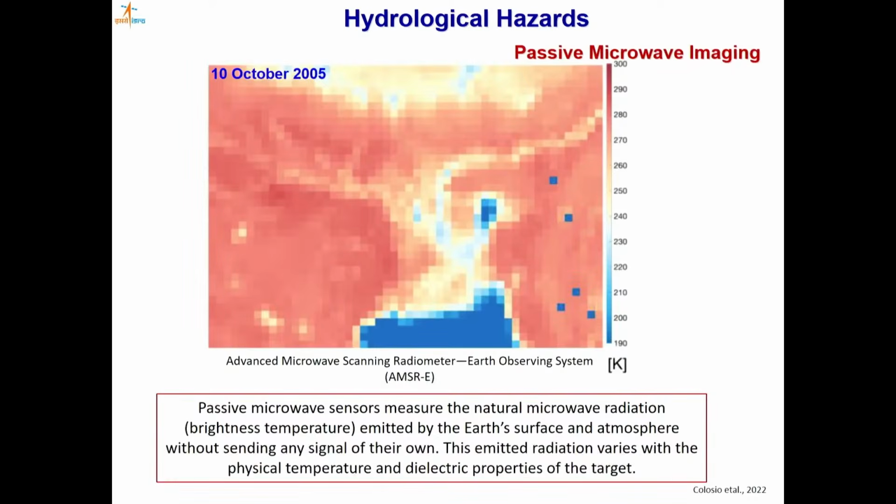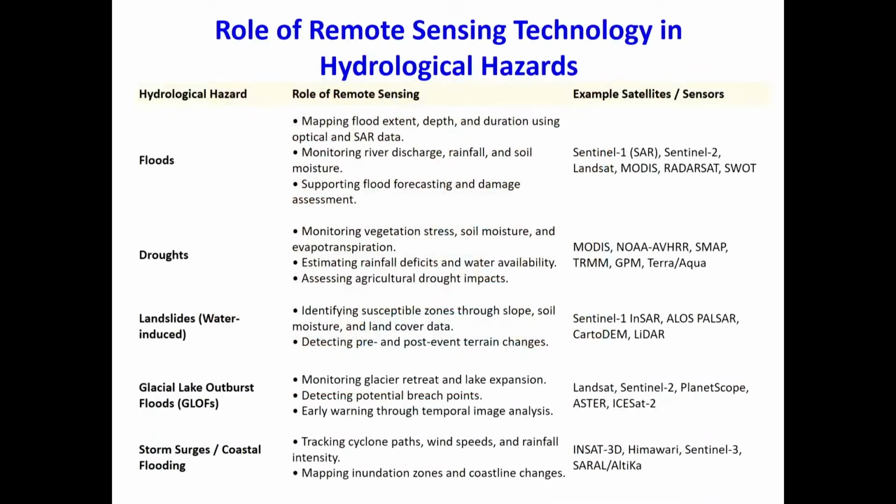However, passive sensors have a very high temporal frequency. You have everyday passes available, ascending and descending, two passes, so they can be used to monitor the event at a regional level, and to have an idea of how the soil moisture and the water are behaving, and how things are evolving.